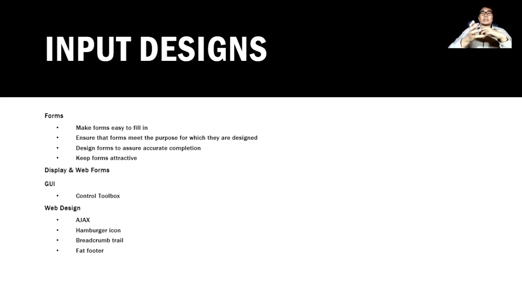AJAX is a combination of JavaScript and XML, where the JavaScript is able to call data in the XML database, and the data will be automatically updated in the JavaScript. So this means that when you open a website, whenever you do something on the website or input data to the website, it will be automatically updated and shown to the user.